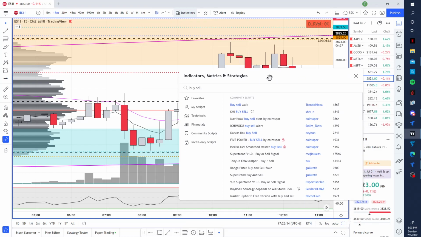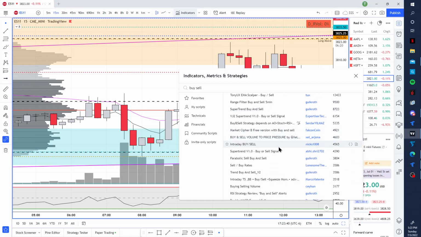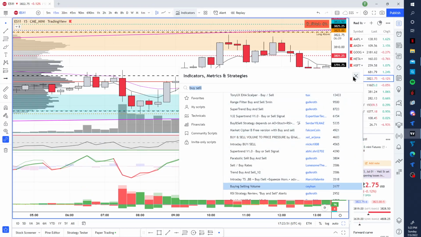So it doesn't actually show you the buying and selling pressure. They have it somewhere. I'm not sure which one it is. Let's see. That's not it. Buying selling volume on the last but one. That one.